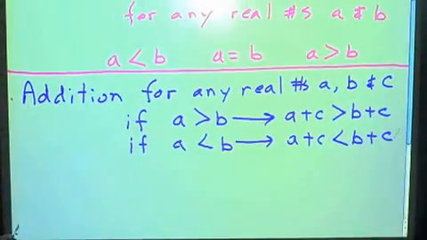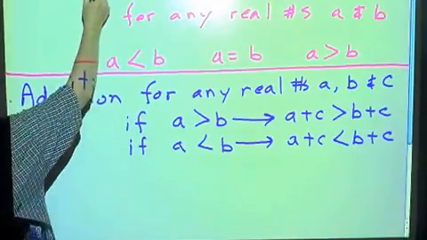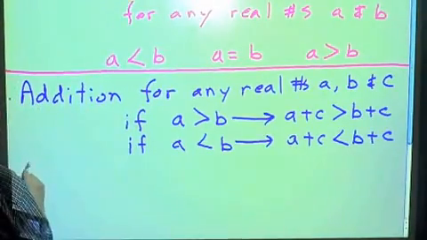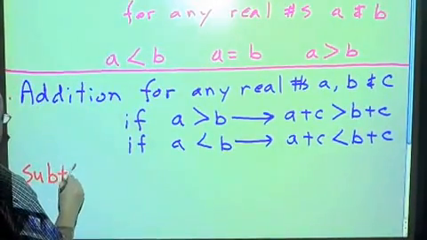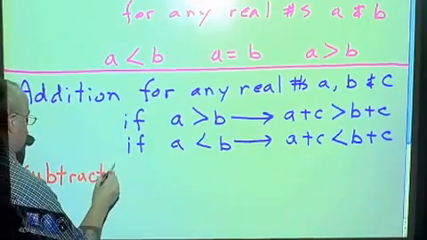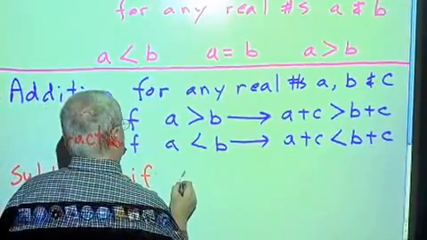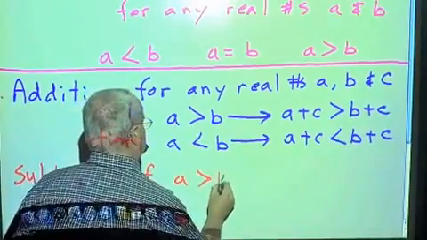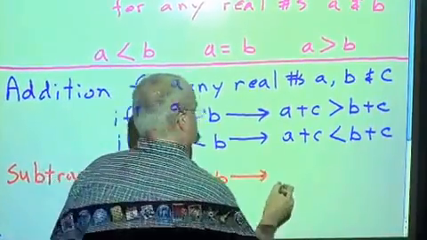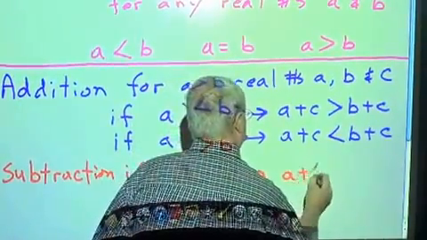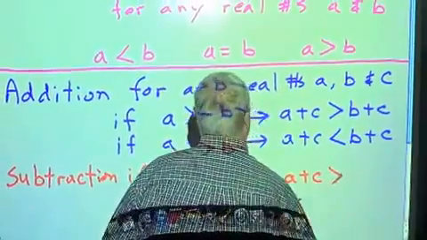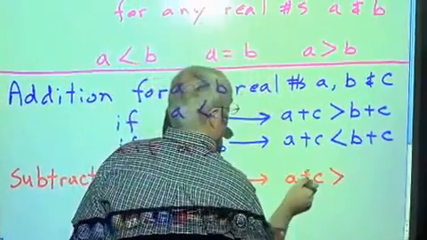Very simple. All right? Now let's talk about it for subtraction. If A is greater than B, then A plus C is greater than, whoa, we're doing subtraction, aren't we?